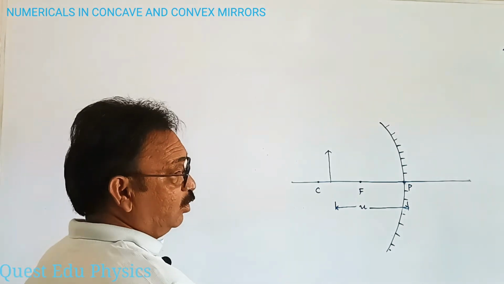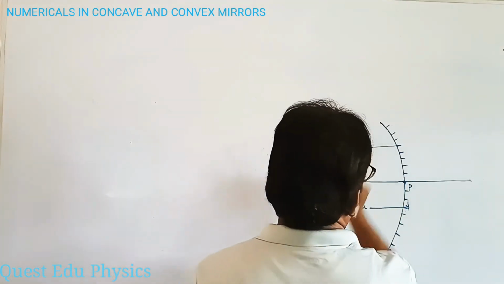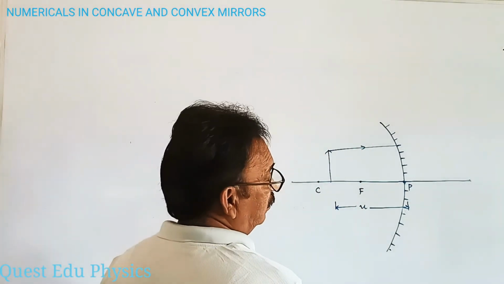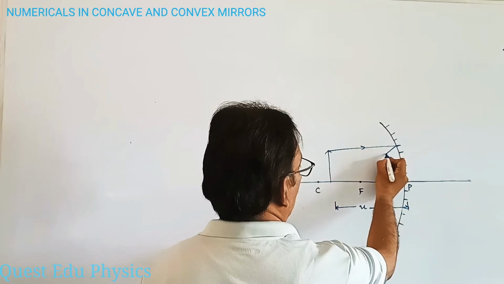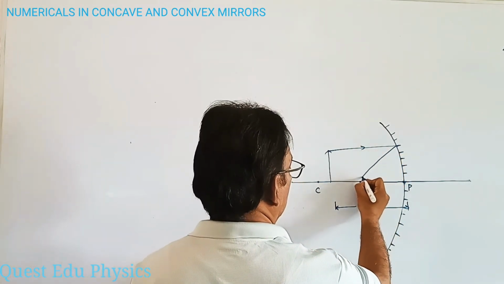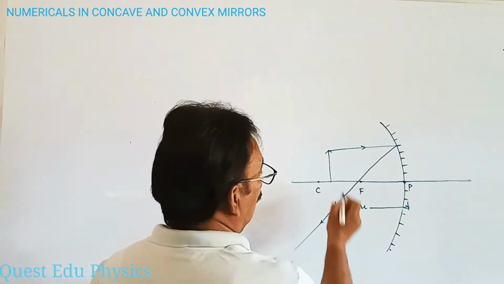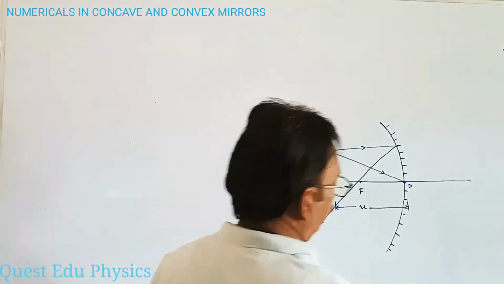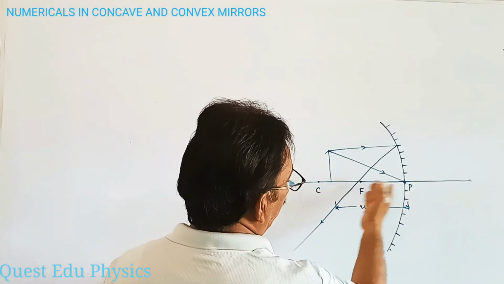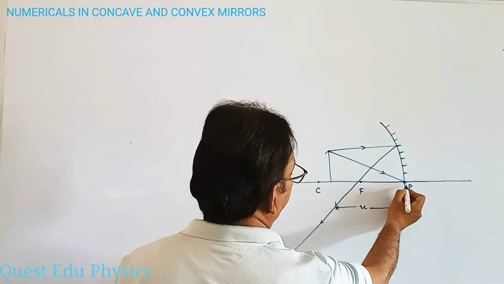Okay, we have to find the image distance here, students. We take a ray which goes like that. After reflection, it passes through the focus here. And we take one ray which travels in this way, and here also it follows the laws of reflection and reflects.